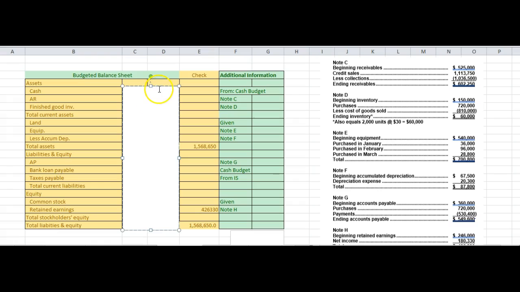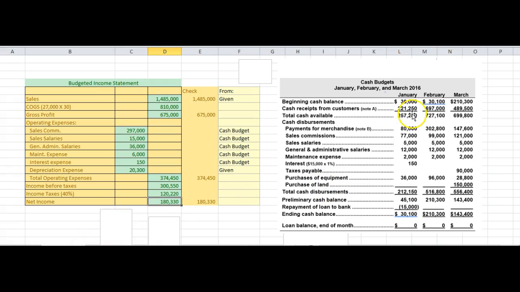This is the one that kicked everybody. What was the cash? The cash is the ending balance in the cash budget. Last column, last number, 143,400. That's the ending cash for that quarter.